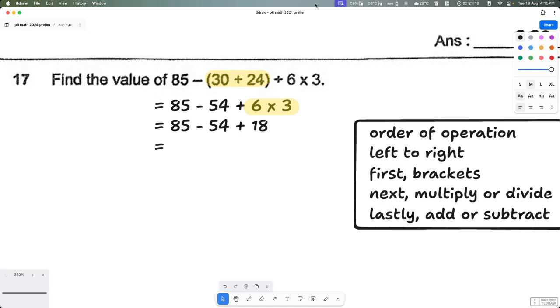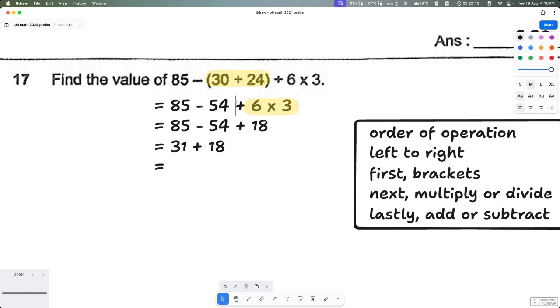From here we can just calculate as per normal. 85 minus 54 is 31 plus 18. 5 minus 4 is 1, 8 minus 5 is 3. Yeah, correct. So the answer to this is 49.